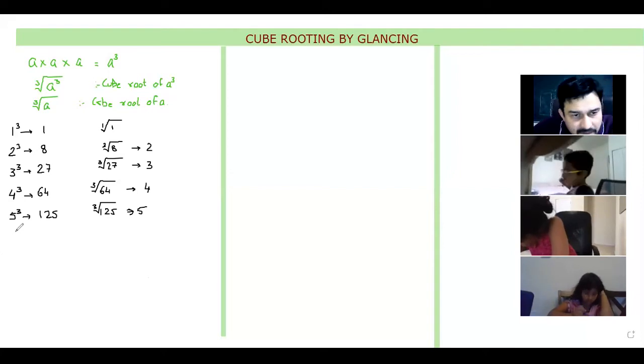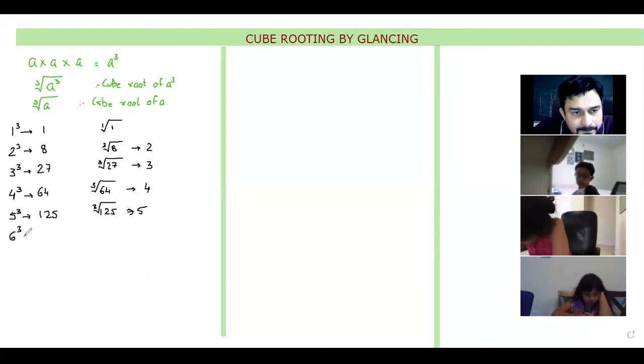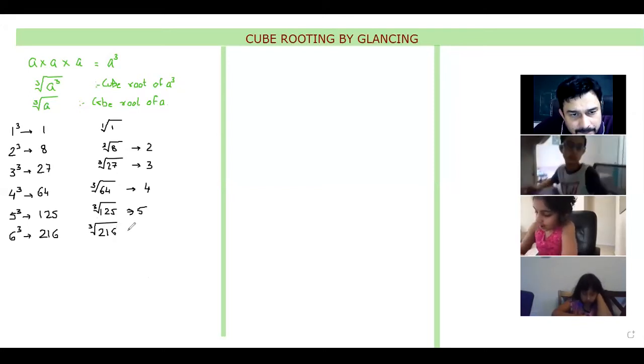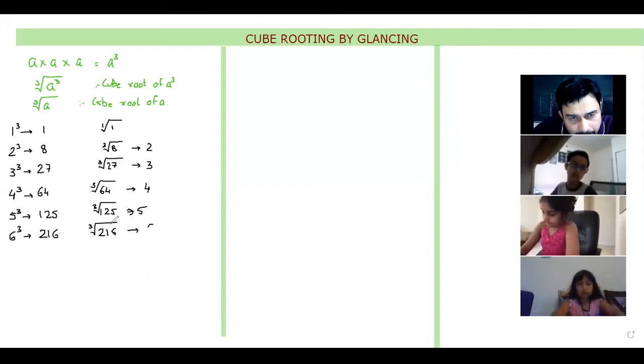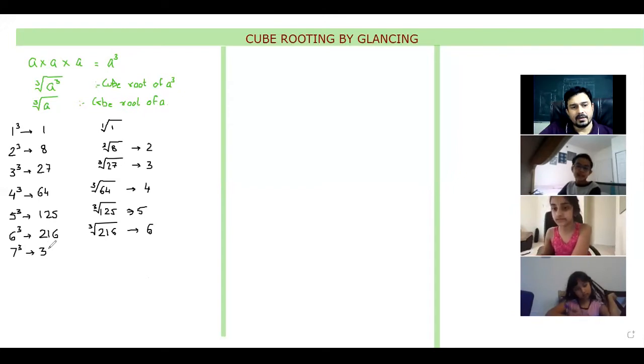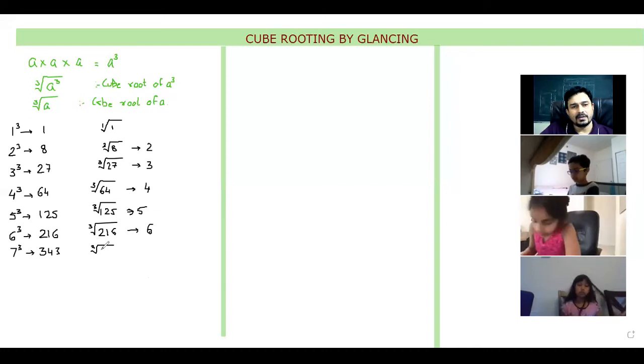6 cube is 216. So the cube root of 216 is 6. Now 7 cube is 343. What is the cube root of 343? 7.